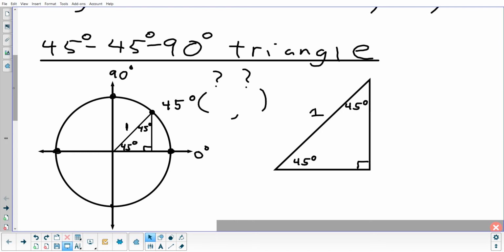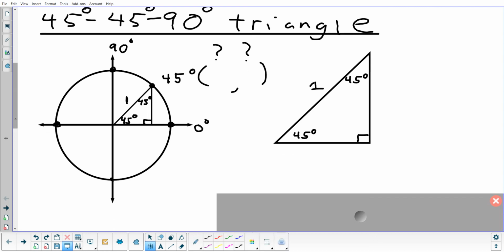So what we're looking for is the distance from here to there. It's how far over you would have to go. And then the other thing we're looking for is how far up. So to figure out the coordinates for 45 degrees, we really have to figure out the lengths of two sides in the triangle. How far over do you go from the origin? That's the base of the triangle. And then how far up do you go to get to the point? That's the height of the triangle.